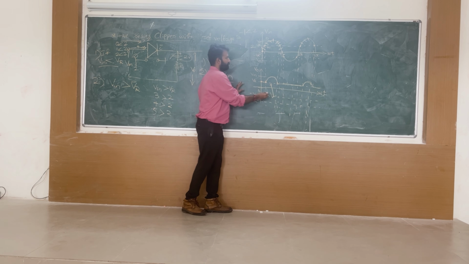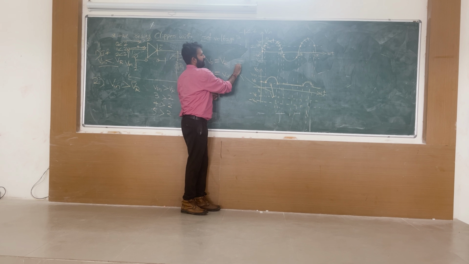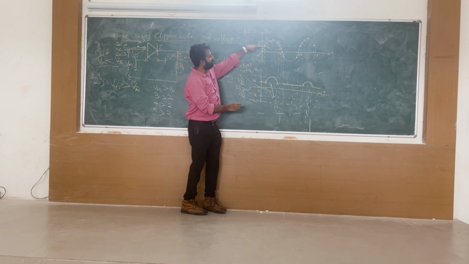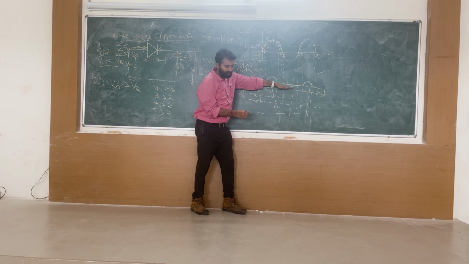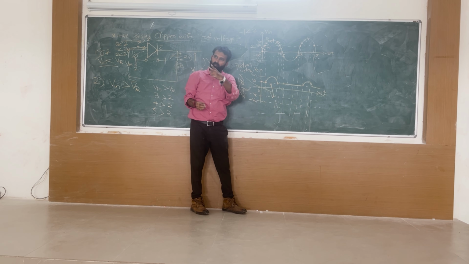What is this portion? Below VR. So you need to write down like this: portion below VR stripped off. Understandable? This is VR. Below VR, whatever the waveform is there, is trimmed, clipped off.